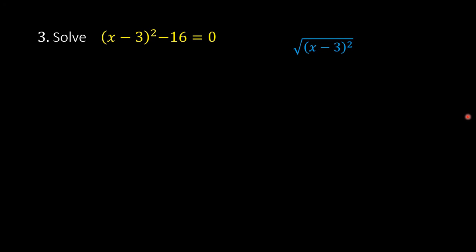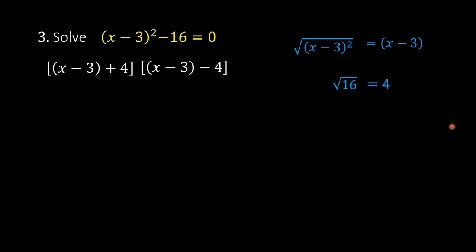The square root of (x minus 3) squared is x minus 3. And the square root of 16 is 4. So we have this plus this and then this minus this. So (x minus 3 plus 4)(x minus 3 minus 4).